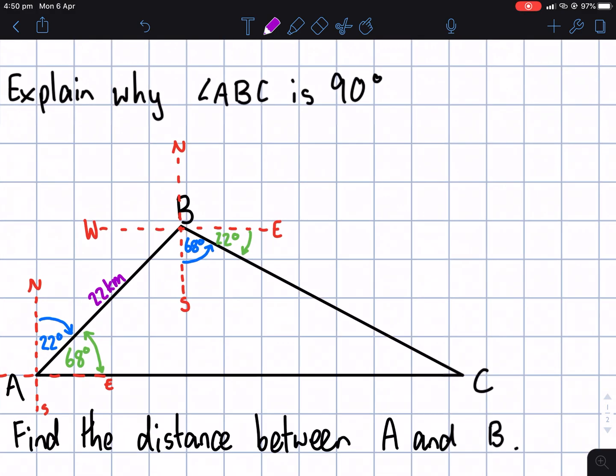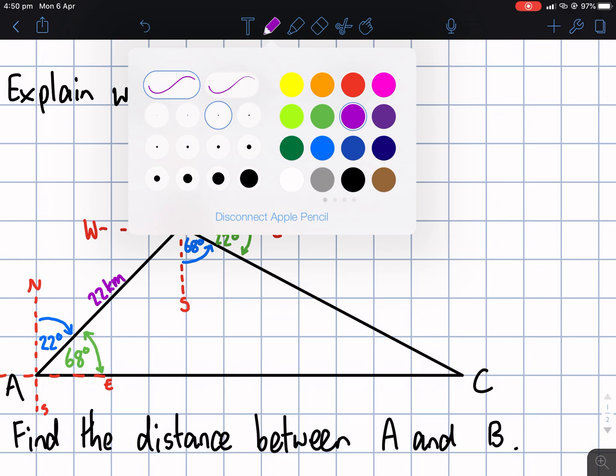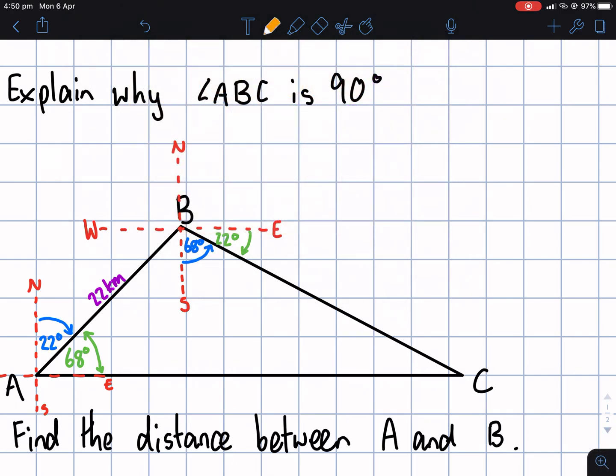And we want to explain why this angle up here, orange, is 90 degrees. Well, I'm going to say, you remember our Z's. This north and this south, they're parallel. Which means this angle here is 22, which means this angle here is also 22.